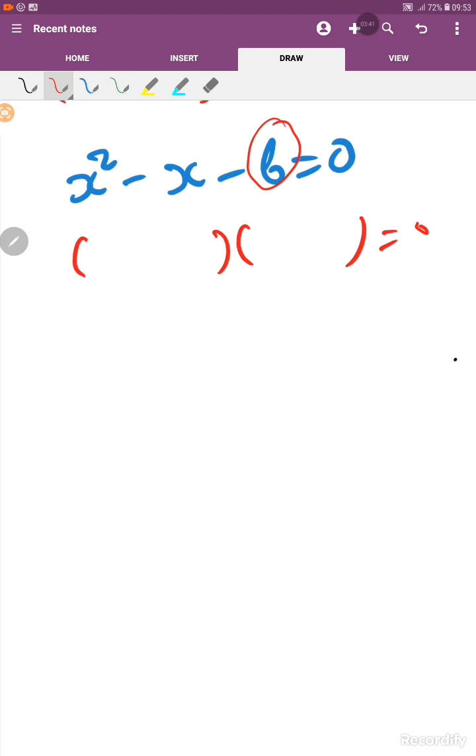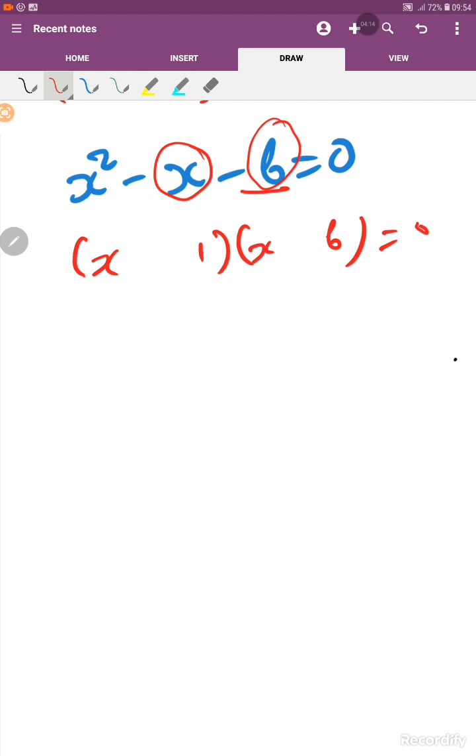So we have 1 and 6, and we also have what? 2 and 3. So due to this guy here, we are going to focus on the constant number only, right? Because we cannot put 6 and 1, because 6 multiplied by 1 is going to give you 6, but when you add or subtract 6 and 1, it's going to give you 5 or 7.